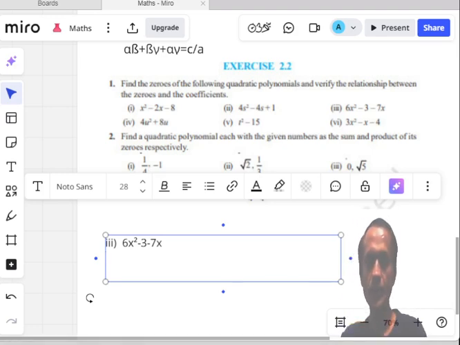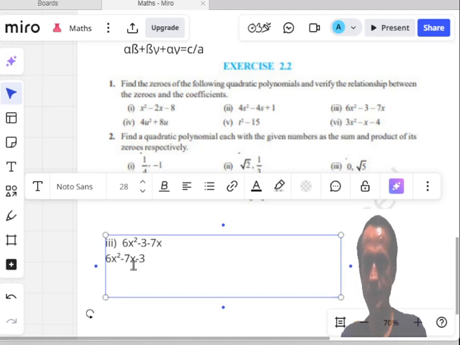Here we are asked to find the zeros of the quadratic polynomial and verify the relationship between zeros and the coefficients. We already know the relation, so we need to verify. This same equation we can put in the standard form of a quadratic equation, ax square plus bx plus c.